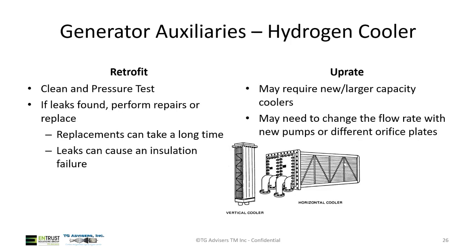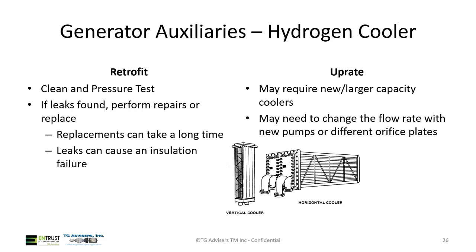The hydrogen coolers, you always want to clean and pressure test, and if leaks are found, make sure you always perform repairs, whether that's capping them or replacing the cooler.